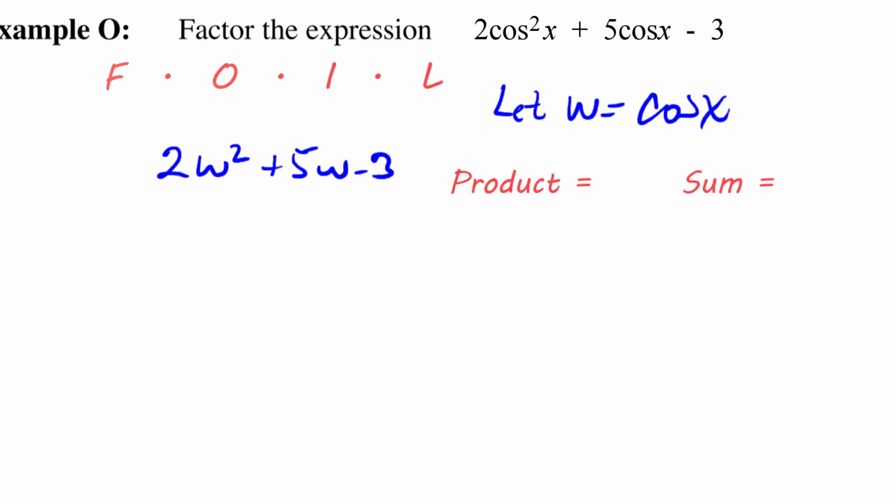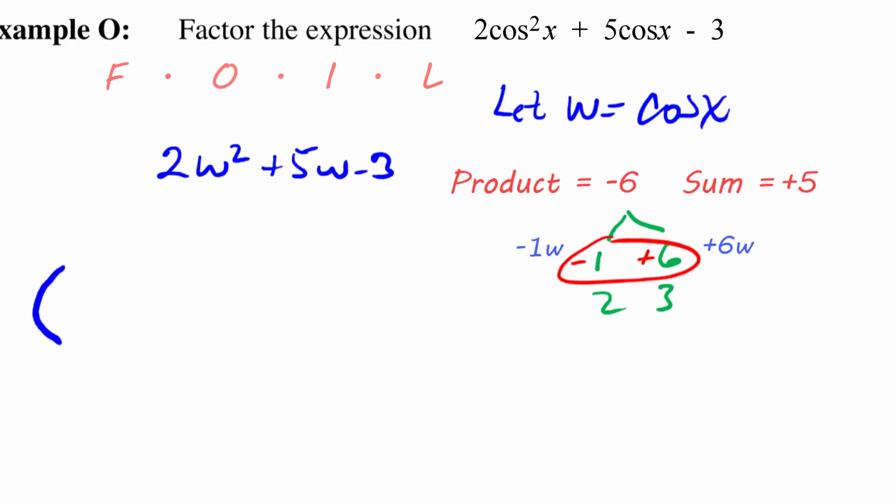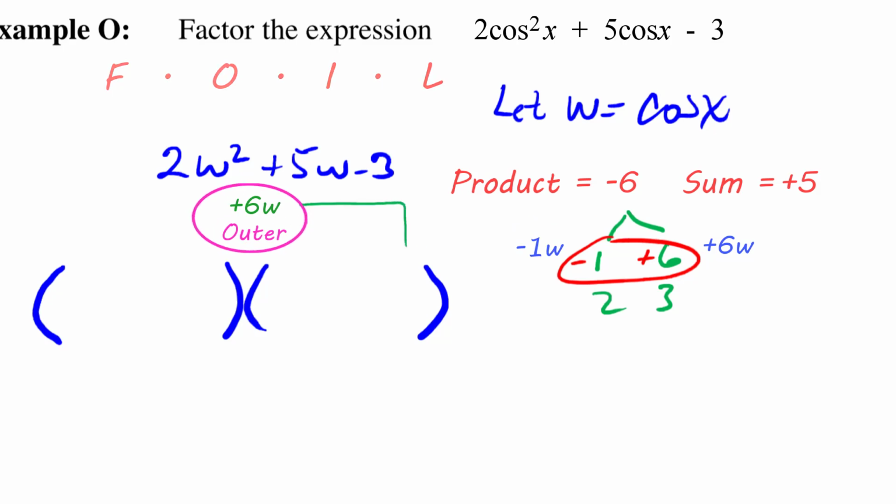That's where I use a product number. 2 times negative 3 is negative 6. And the sum number is the middle value, positive 5. We want 2 factors of negative 6 that add up to positive 5. And those factors are negative 1 and positive 6. Now, as far as the w is concerned, that's really negative 1w and positive 6w. And I'm going to choose one of them. I'll choose the positive 6w to represent the outer product in the FOIL method.